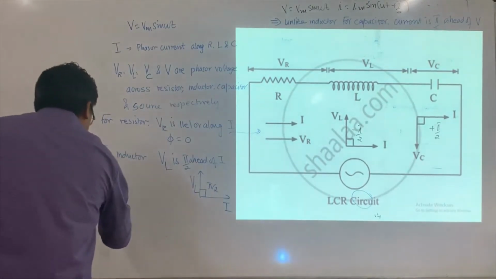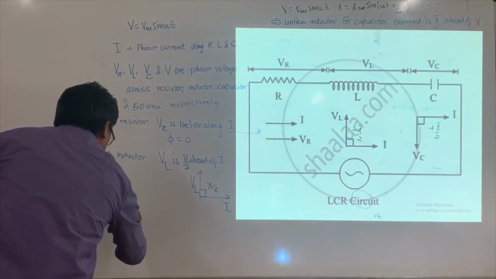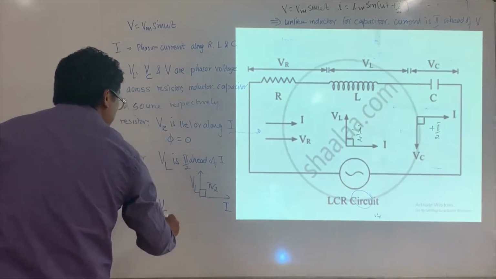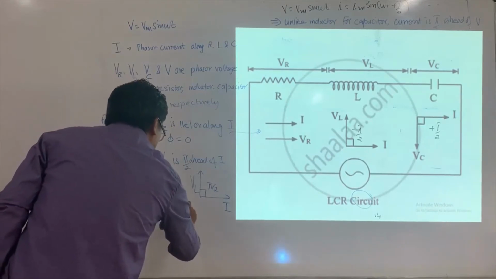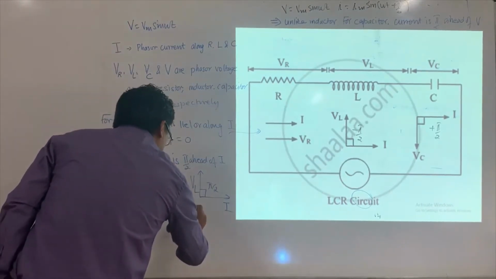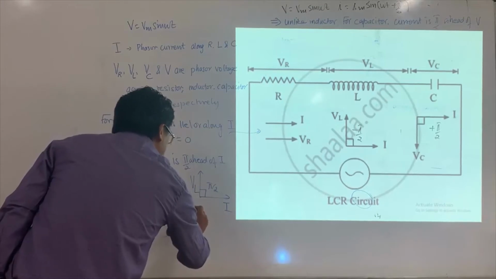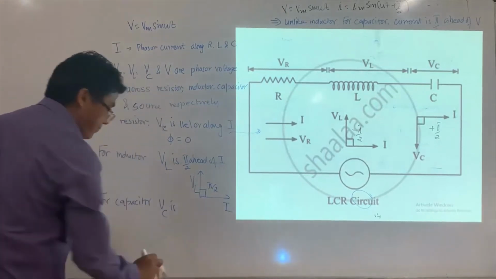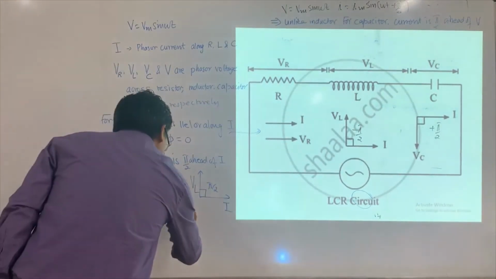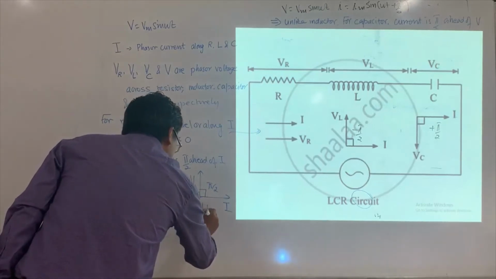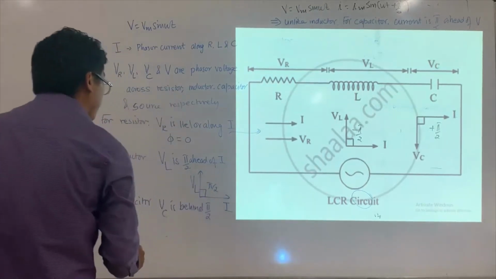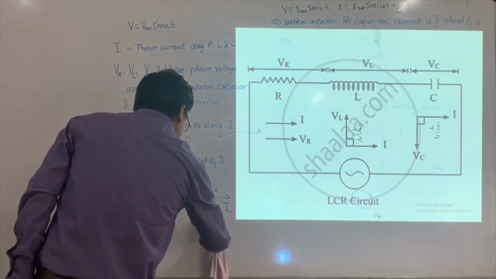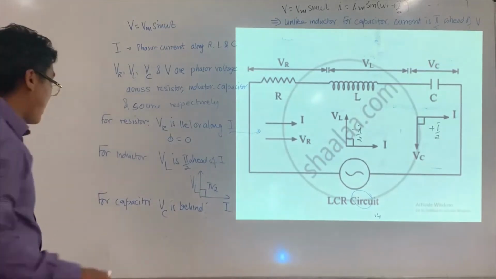Now for the capacitor, VC is pi by 2 behind, VC is behind the current by pi by 2, right?